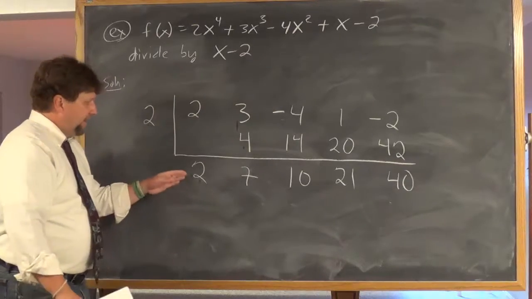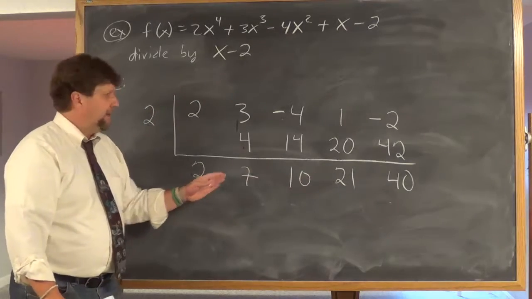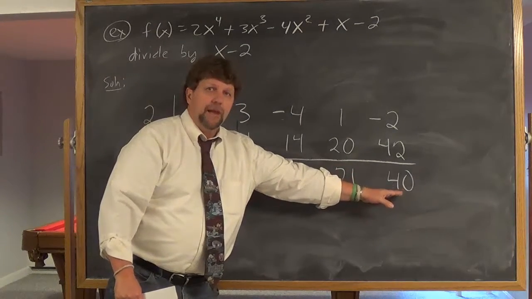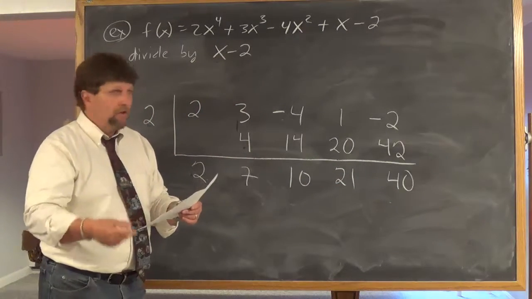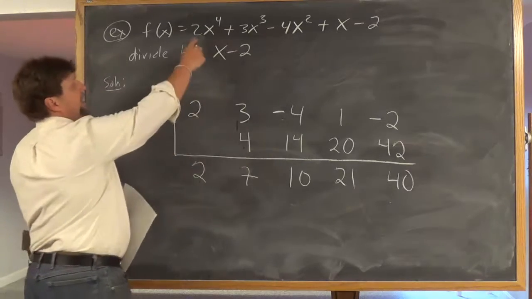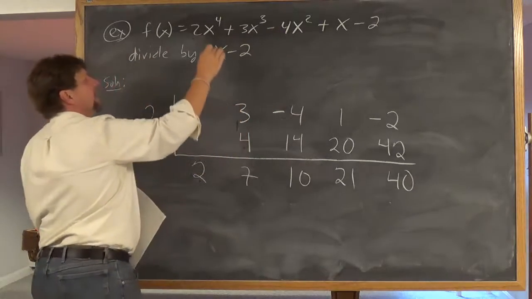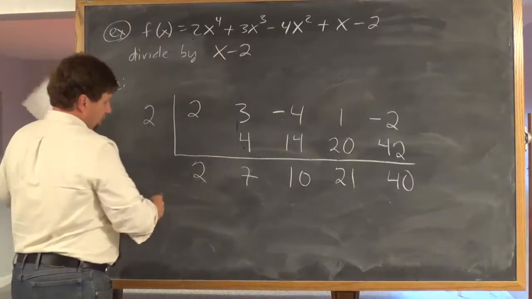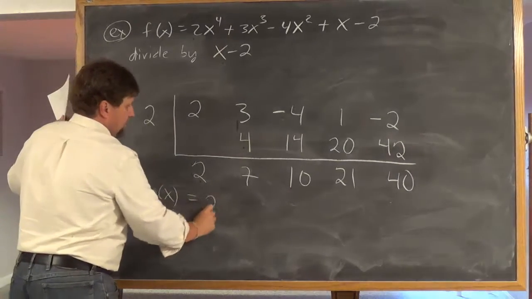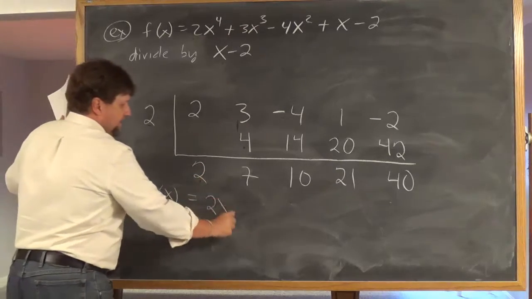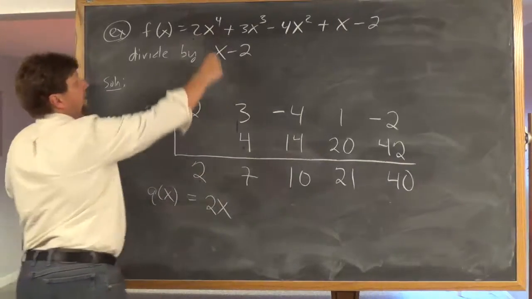So here's what you have. These numbers here are the coefficients of the quotient. The 40 is the remainder. So that means you could write down the quotient. When you take 2x to the fourth plus 3x cubed minus 4x squared plus x minus 2, and you divide it by x minus 2, the quotient, which I'll write as q of x, is 2, and then the variable is x, and the degree is 1 less than what the degree of our dividend was.